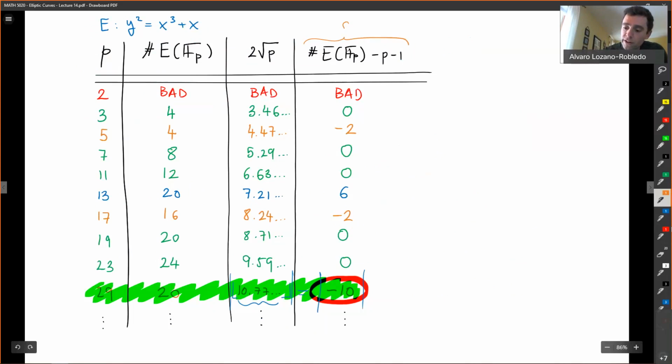But a couple of directions that I felt bad I didn't use my opportunity to mention: these numbers are called a_p, P plus 1 minus the number of points, and those are what's called the trace of Frobenius.